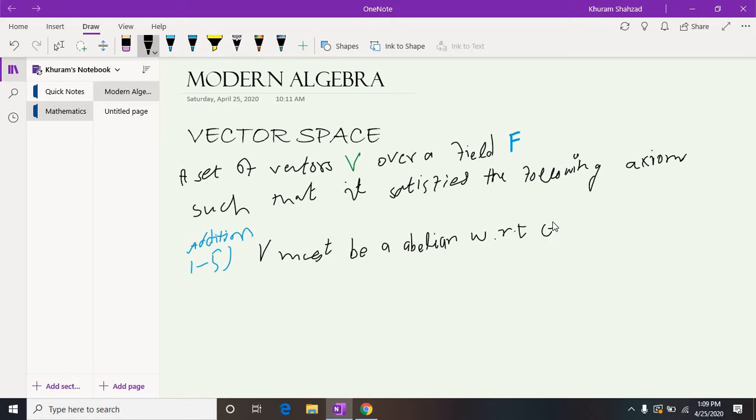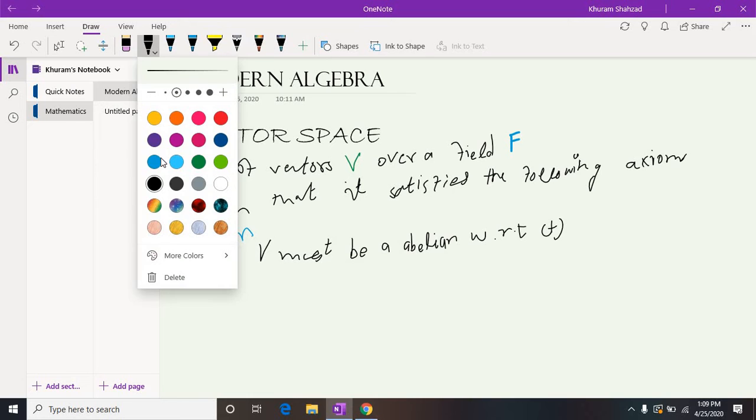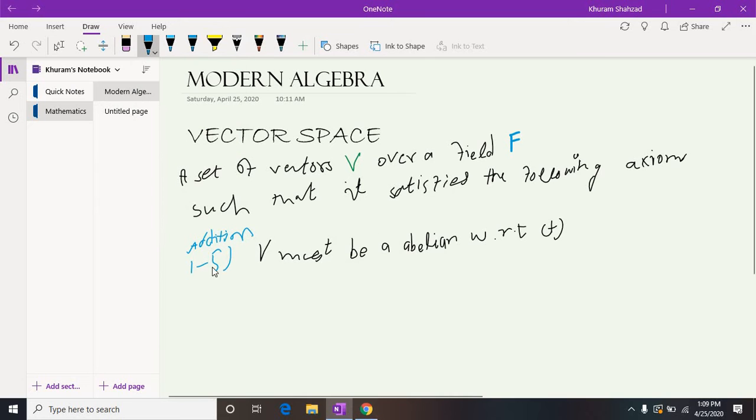And then there come the next 6 properties, which are certainly about multiplication, but vector multiplication, not just simple multiplication, because if you say multiplication, then that would be wrong. Here I say vector multiplication, that is it.